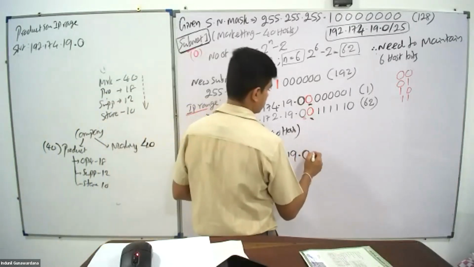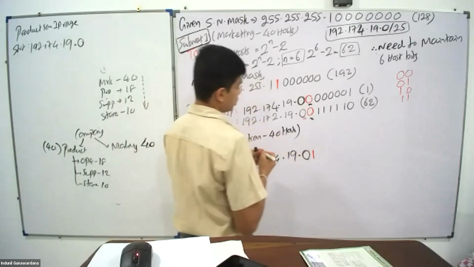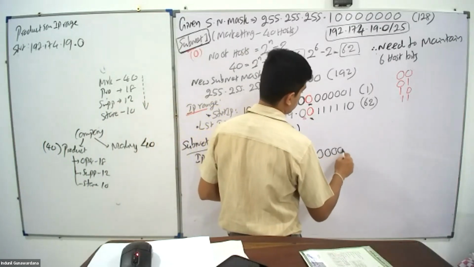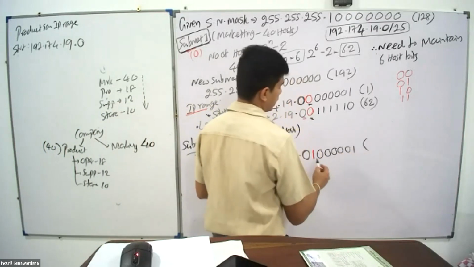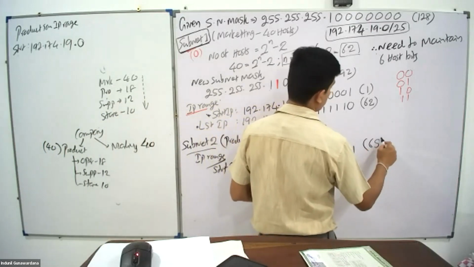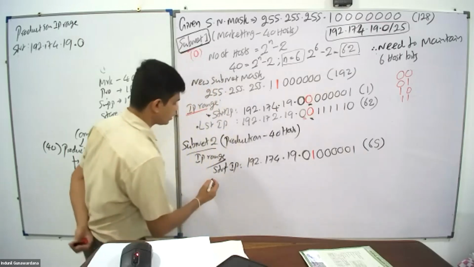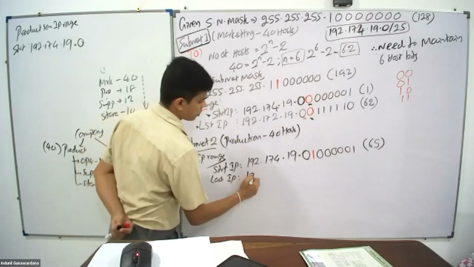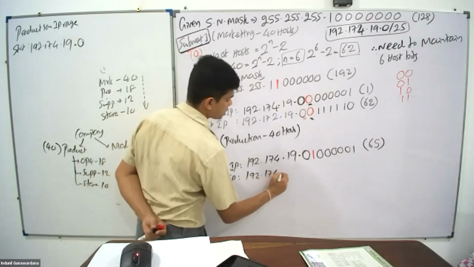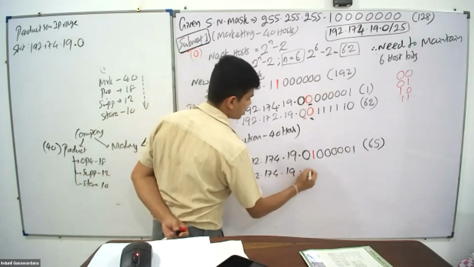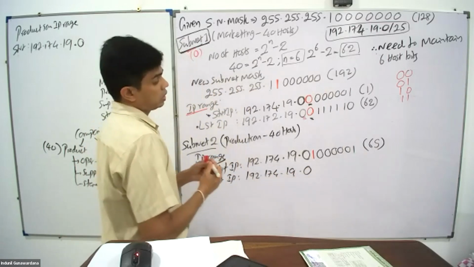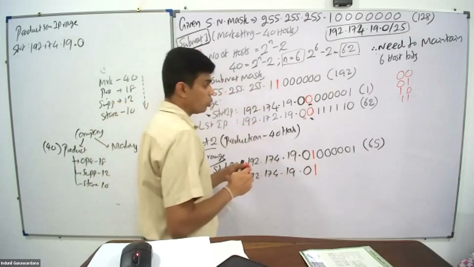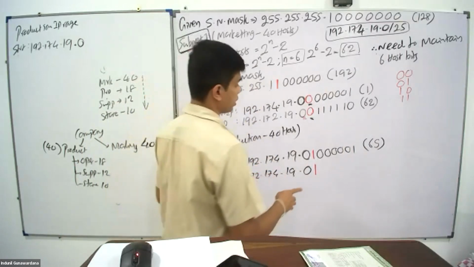Right. Then the second subnet network. Like the first host, then 1, 2, 3, 4, 5 and 1, so it goes from 65, and the last one is 192.174.19 with the subnet bit still 1 and all the host bits made into 1s again.